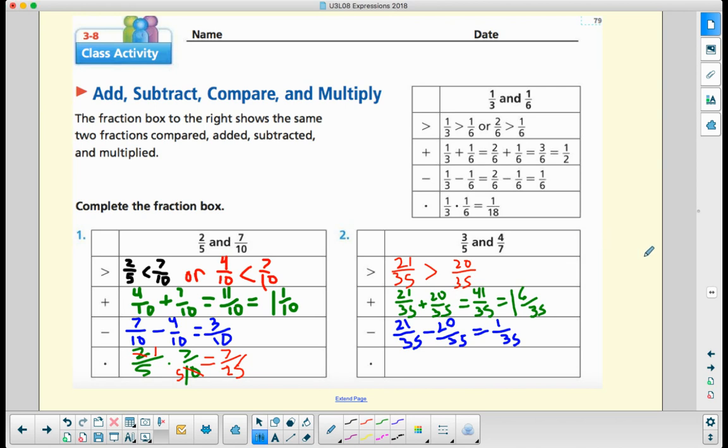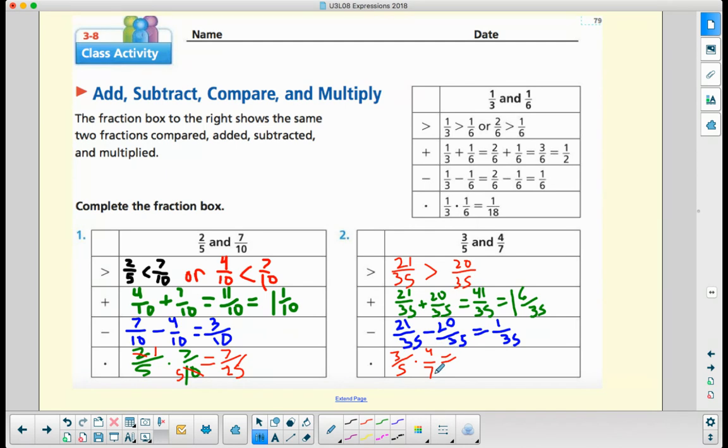Finally, multiplying. Multiplying, I can use the simplified versions. It doesn't matter what order I write them in, because order doesn't matter in multiplication, only in subtraction. Now, can I simplify first? 3 and 7 have no common factors. 5 and 4, well, I shouldn't say no. They only have 1 as a common factor. So I can't take any common factors out.